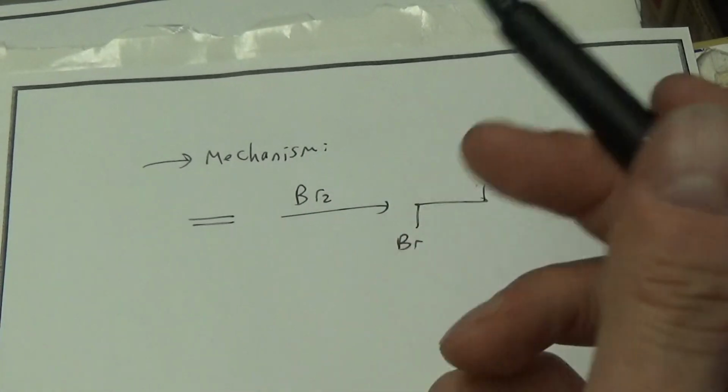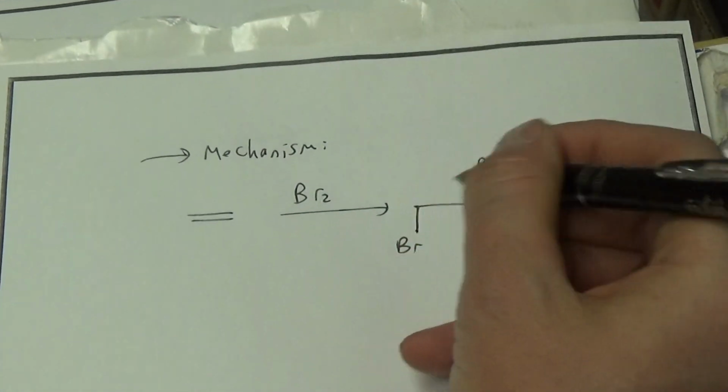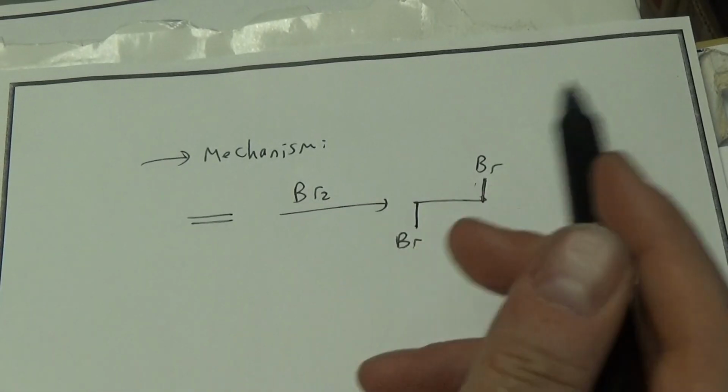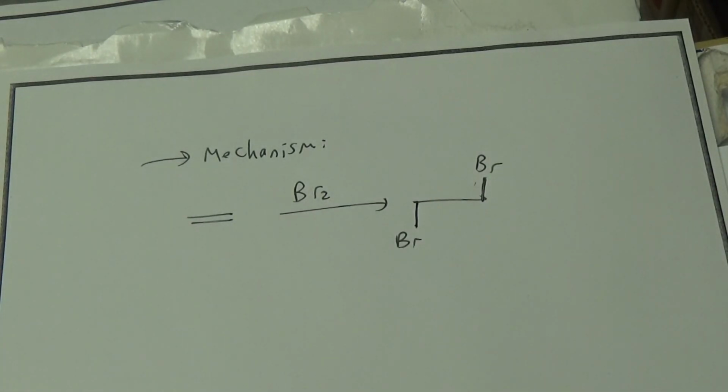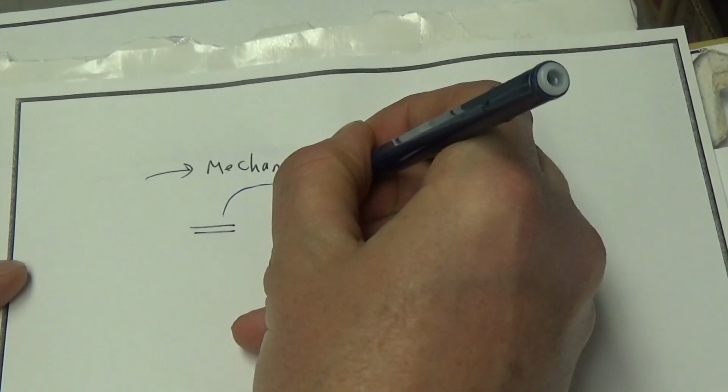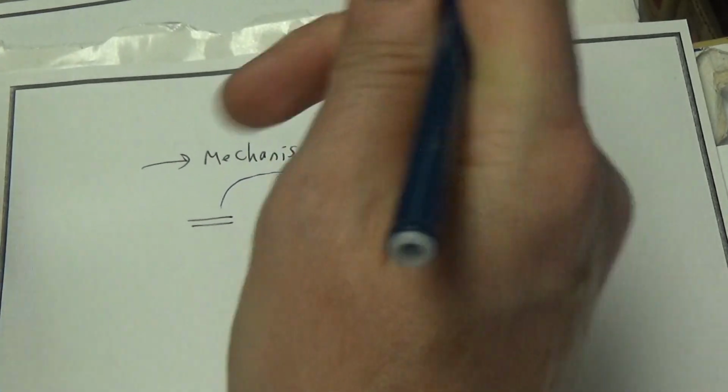What's the mechanism? Well, what's been the mechanism of these reactions generally so far? The alkene is a nucleophile and attacks, and that's exactly what happens. So this kind of attacks here, kicks this kind of off.